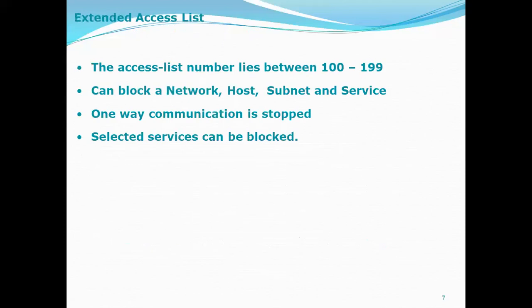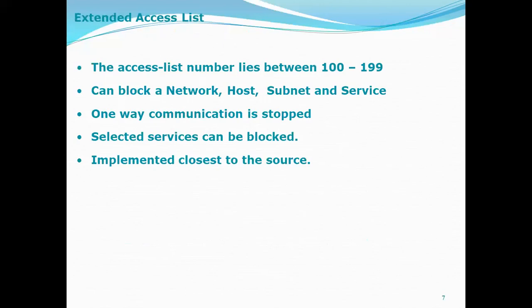Selected service can be blocked. So you can block either HTTP traffic. So for a particular source host, you can block or permit just a particular service, and the rest you want to permit. So you can do that using extended, but in standard you cannot. Everything is blocked or permitted for a source IP.